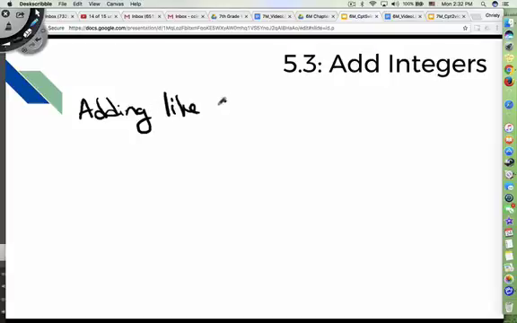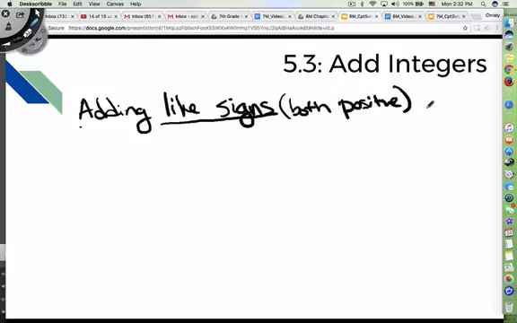So when you add like signs, this is more than memorization, but it's another way to say the same thing. Like signs means that they're both positive or both negative. Okay. So let's say, for example, they're both positive.